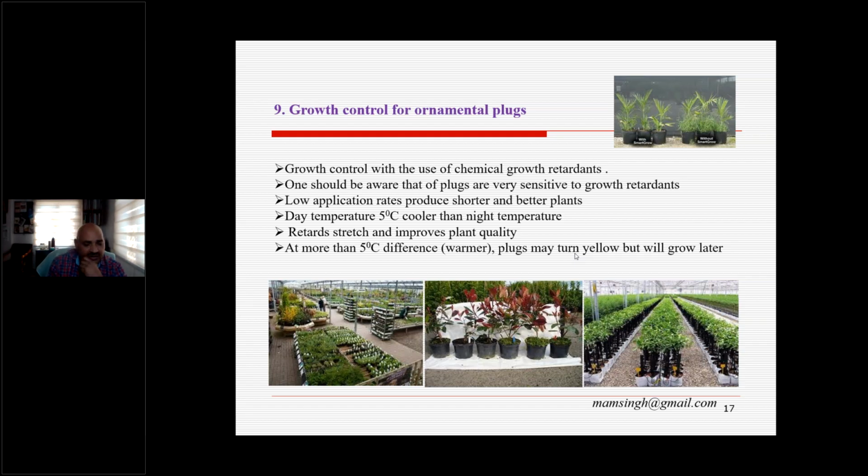When the growth is fast, or they are elongating more, then the nitrogen fertigation can be stopped. Otherwise, phosphorus is 80 to 90 ppm, and potassium like 60 to 70 ppm, which can also be regulated at the same time.